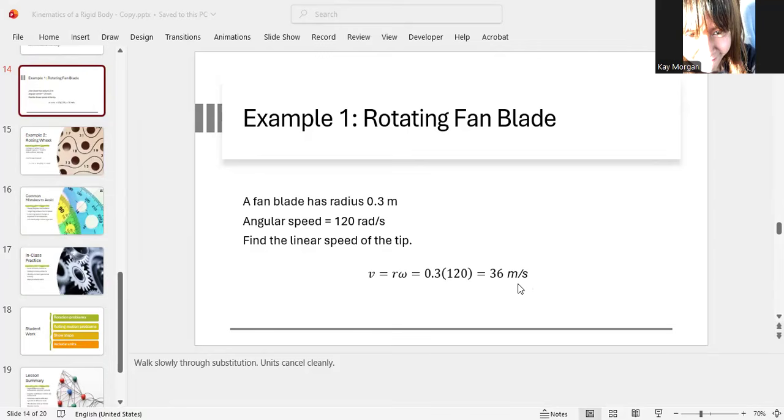So the tip of that blade moves much faster than the points closer to the center. Because as you go towards the center, at one point the radius will be zero, so at the center point the linear speed is completely zero as well.